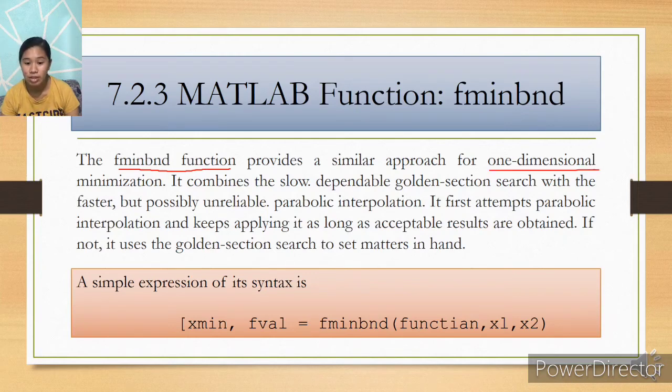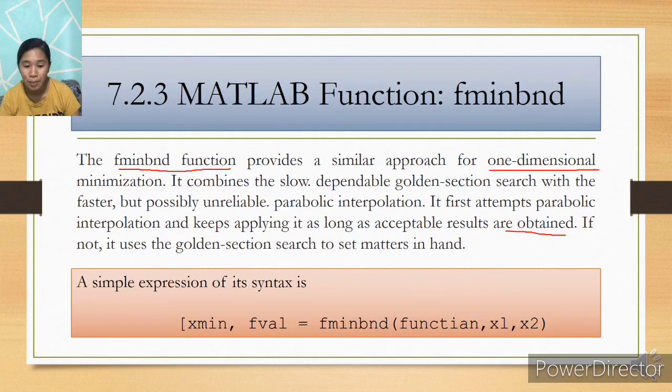It combines the slow, dependable golden section search with a faster but possibly unreliable parabolic interpolation. It first attempts parabolic interpolation and keeps applying it as long as acceptable results are obtained. If not, it uses the golden section search to get matters in hand.